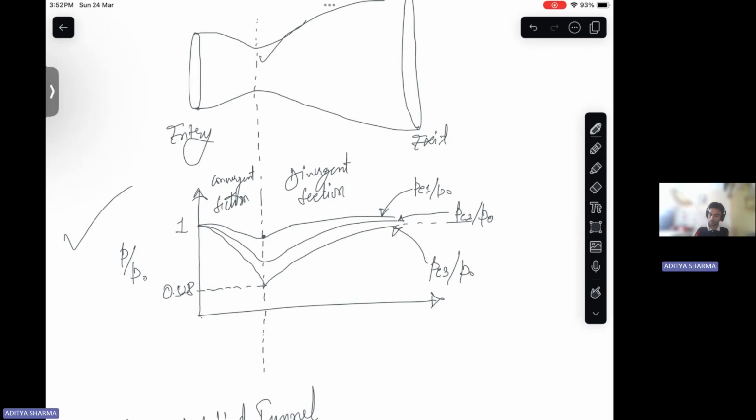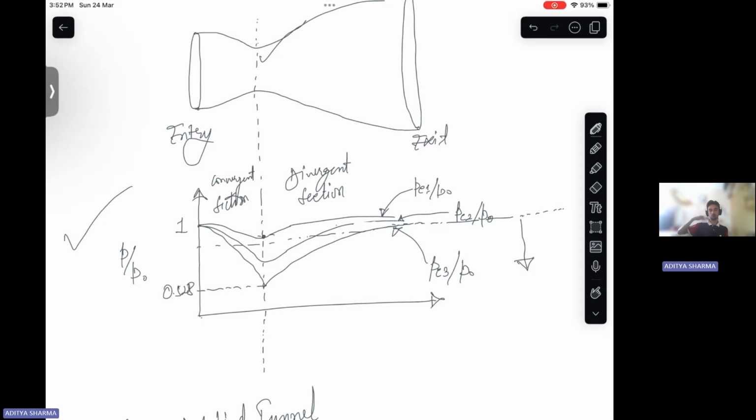So if this is P3, the question asks you to remain below this level.